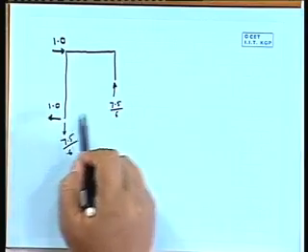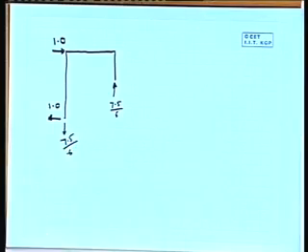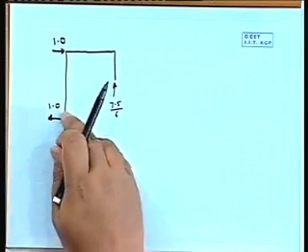Or, as another option, you could take the summation of all the forces equal to 0 in the horizontal direction, so you are supposed to get a reaction like this. You could take a moment about one of the supports.